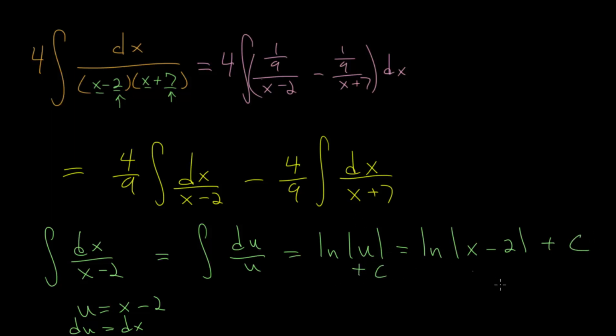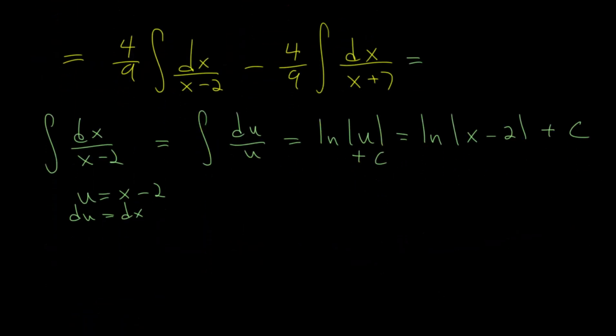Actually, we would have that here as well. So we can apply that to both of these. In this one, you would do the same thing, a u substitution of x plus 7. du and dx would be equal, but we would end up with a natural log of the absolute value of x plus 7, all multiplied by this constant here.